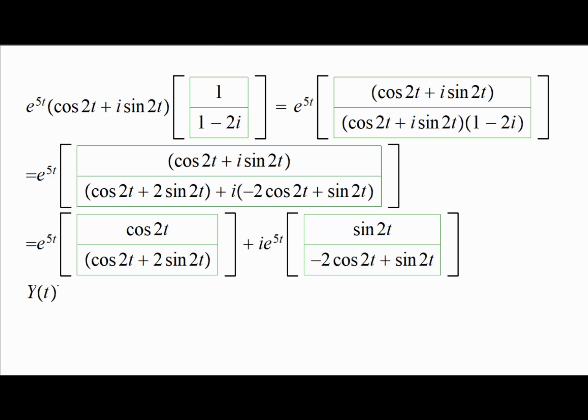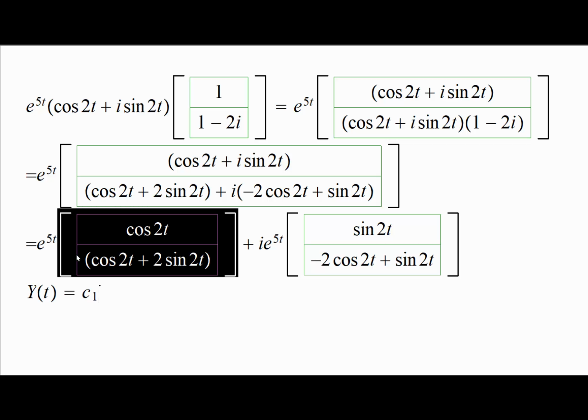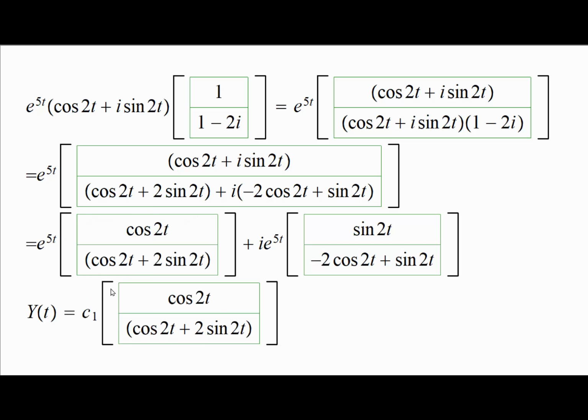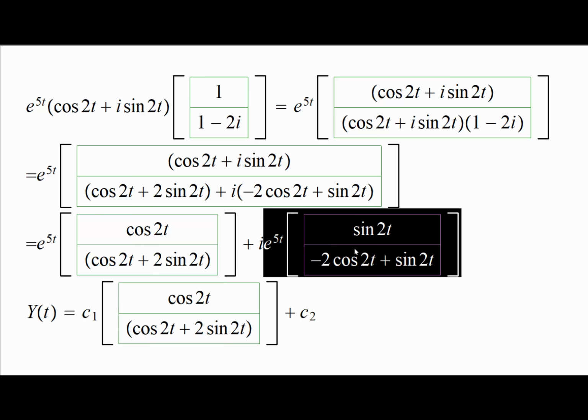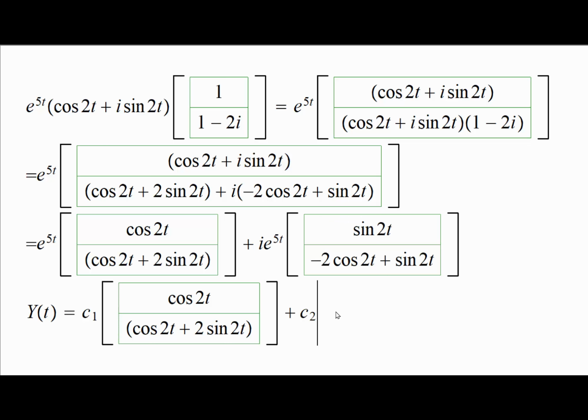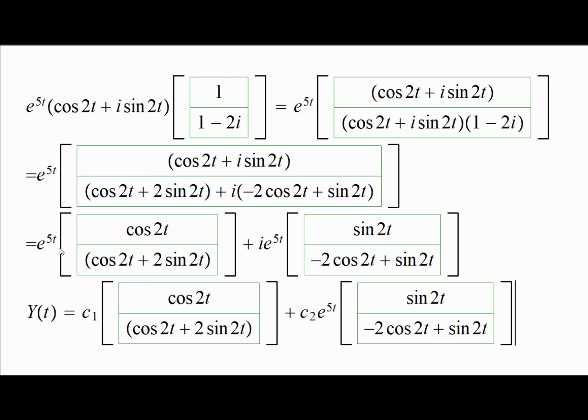So we got y of t equals, simply c sub 1 times this quantity, right? Then plus c sub 2 times this quantity, right? Okay, and I think I have messed up somewhere right here. I did, didn't I?